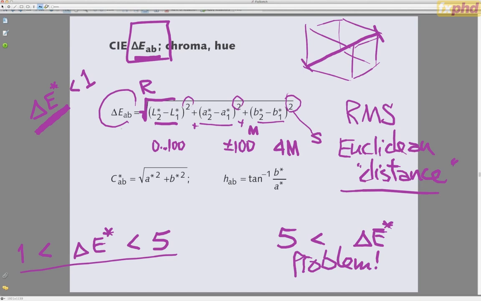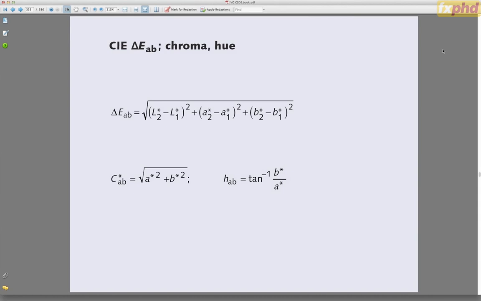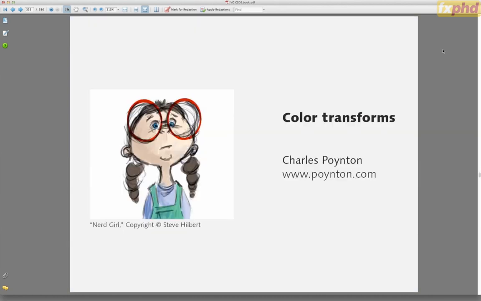So now let's go one step further. That's the end of that section. I'm delighted that that's the end of that section. I think on class 1, I gave you an introduction to color transforms. So I'll give you the very quick preview here.